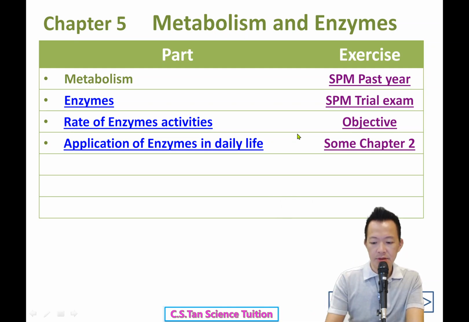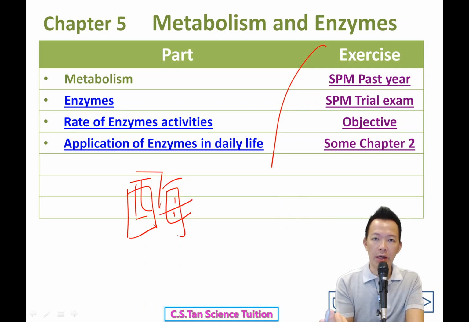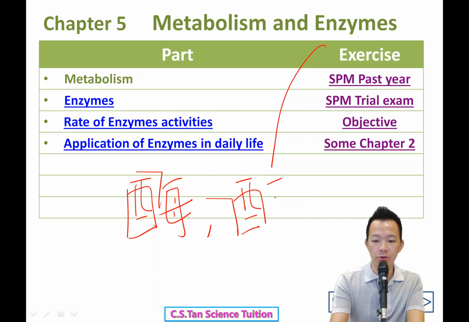What is enzyme? Metabolism 新陈代谢 is okay, but what is meant by enzymes? If you check the dictionary, they give you two words, 它给你两个字. The first one, 这个字, I don't know how to read. But besides this, they give you another word, enzymes, and this one is more famous.